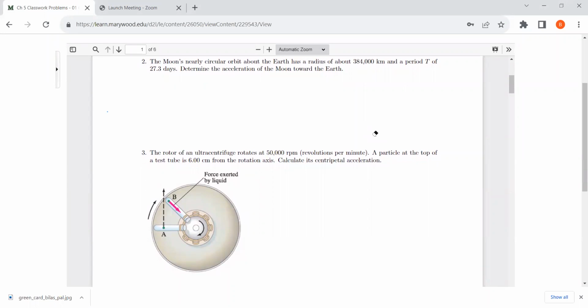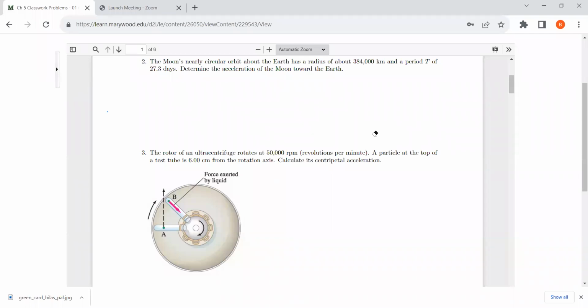This is very similar to the last problem. Again, here we are given the radius and time period. In the last problem we were given the frequency. In this problem we are given the time period.